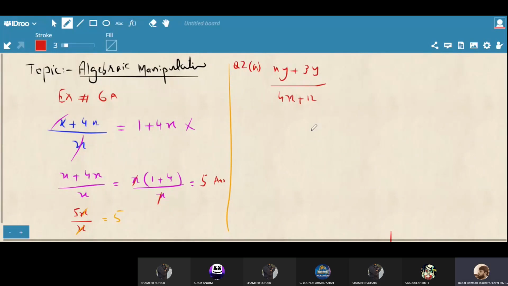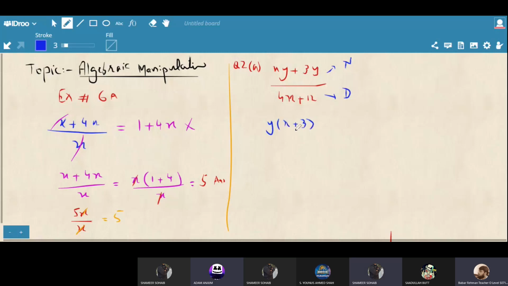Do not start simplifying and canceling. What is the common in the numerator and denominator? In the numerator, y. So you will take common y. What is left? x plus 3.